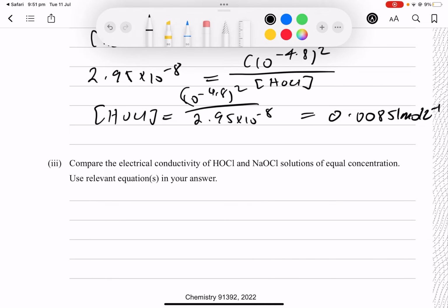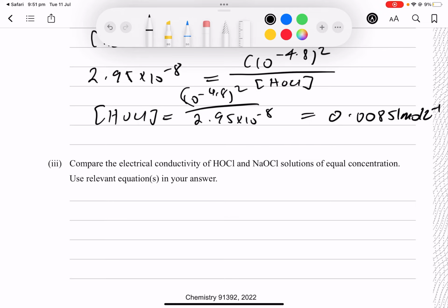We want to compare the electrical conductivity of HOCl and NaOCl solutions of equal concentration. We want to use relevant equations in our answer. So in this case, if we want to look at NaOCl, that is a basic salt, and we call it a basic salt because NaOCl will dissolve completely in water to form Na plus ions as well as OCl minus ions.